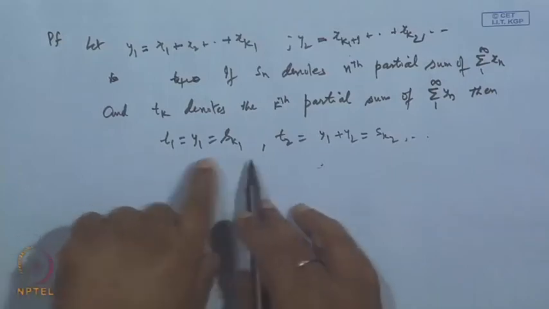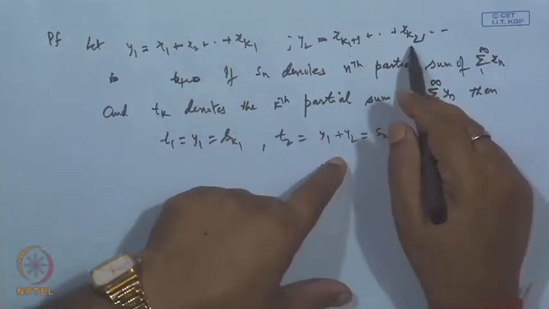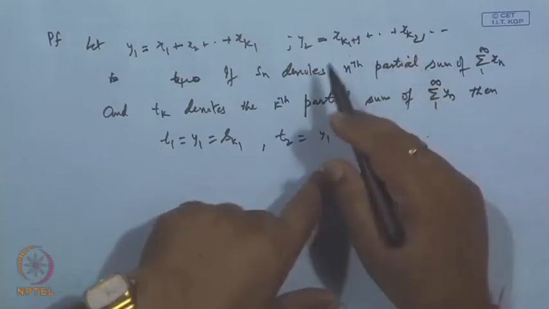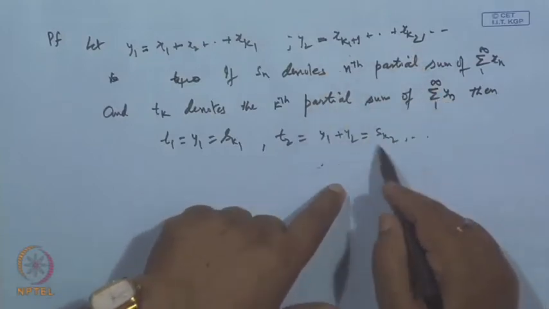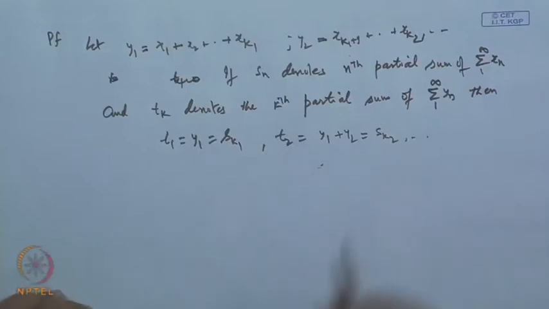So, the first term is a partial sum of the original series, the second term is also a partial sum of the original series, and the original series is convergent. So, this sequence of partial sums will converge, therefore, this sequence will also converge.